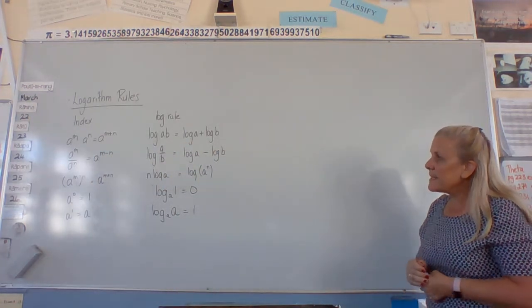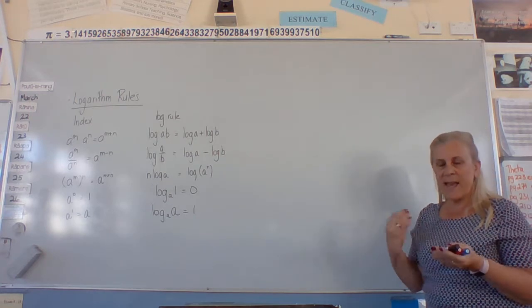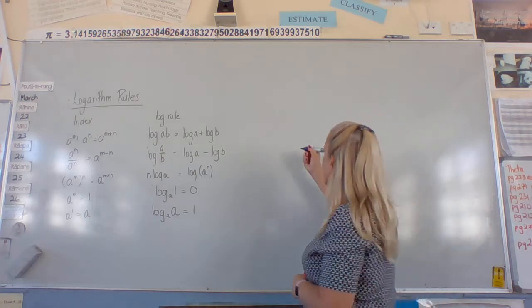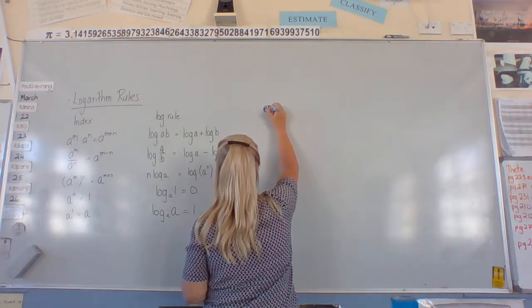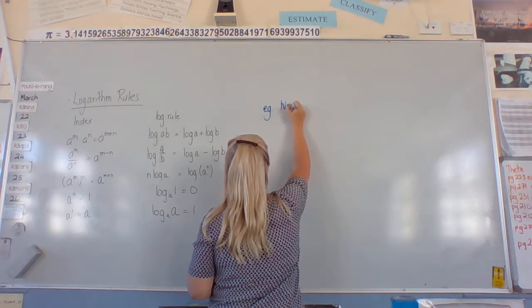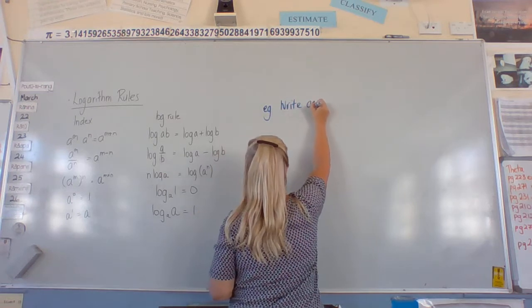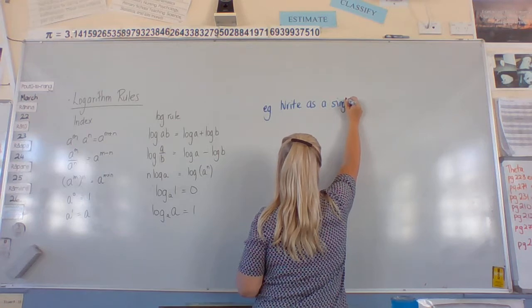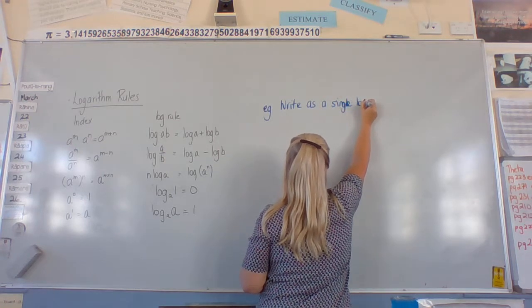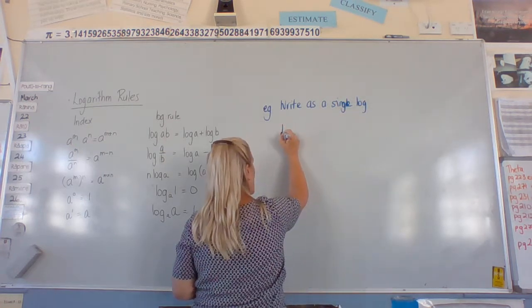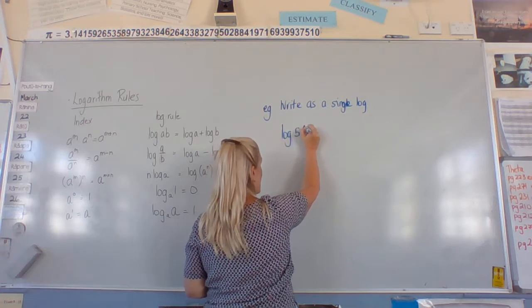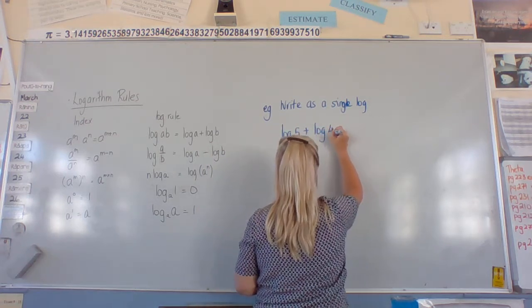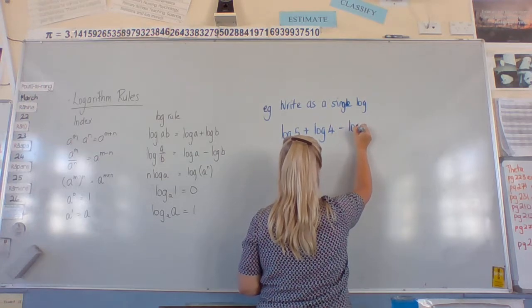All right? So using those rules, they're going to expect us to be able to simplify things. So the sort of things they might say are write as a single log. Log 5 plus log 4 minus log 2.